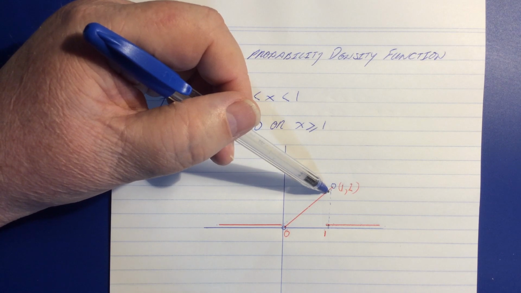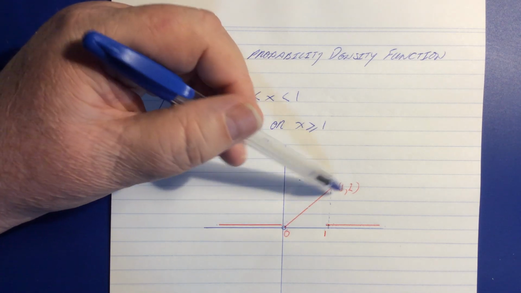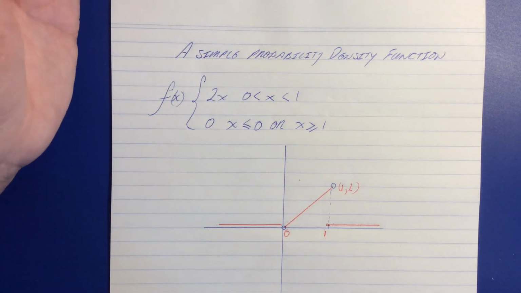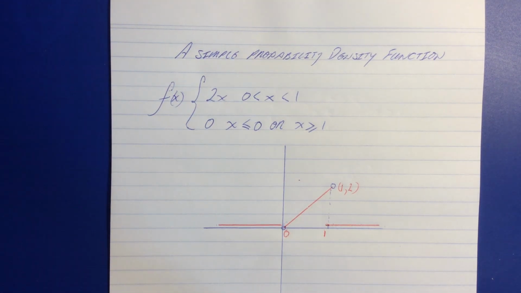And so the area under this curve, height times base divided by 2, the height is 2, is 1. And that's typical of probability density functions. If you've got a probability density function with a value of more than 1, you've got trouble, because whatever it is, it's not a probability density function.